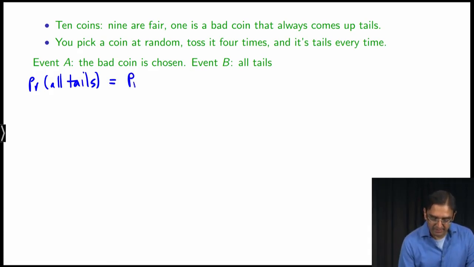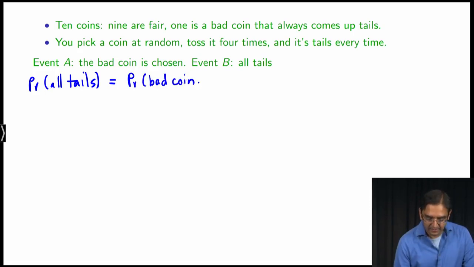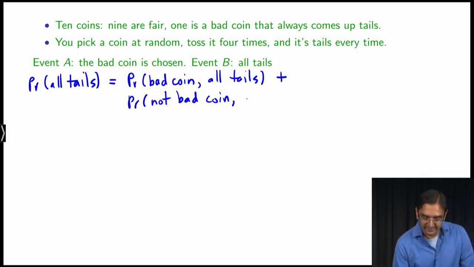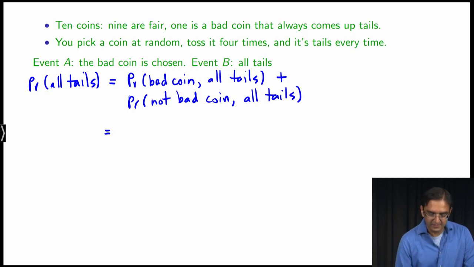So it's the probability that we got the bad coin and we get all tails, plus the probability that we did not get the bad coin and yet we still get all tails. So now let's compute these.